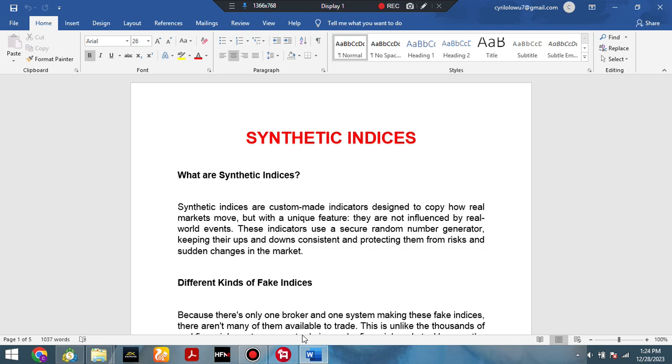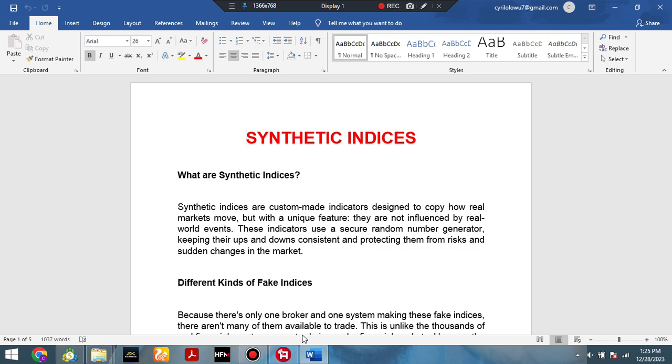Synthetic indices are custom-made indicators designed to copy how real markets move, but with a unique feature. They are not influenced by real-world events. These indicators use a secure random number generator, keeping their ups and downs consistent and protecting them from risk and sudden changes in the market.